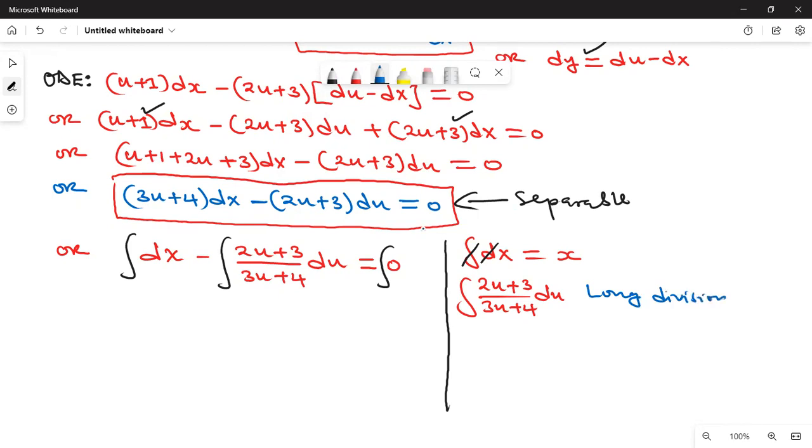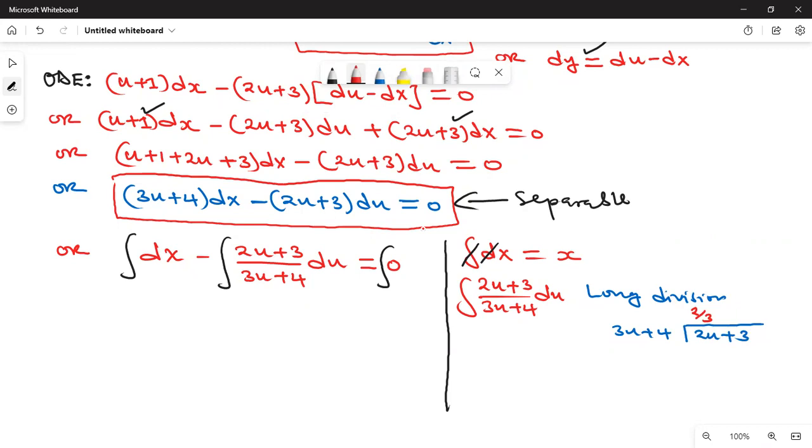Long division, so we have 3u + 4 and here we have 2u + 3. So you need to ask yourself, what do you multiply by 3u to get 2u? The answer there is 2/3. That's what you multiply by 3u to get 2u.